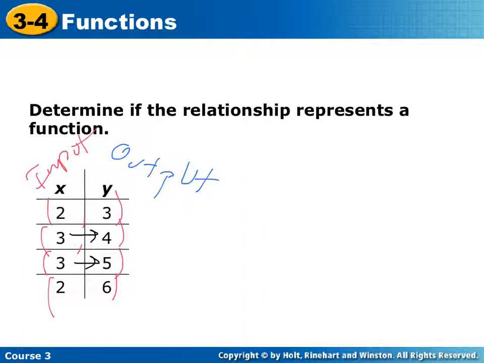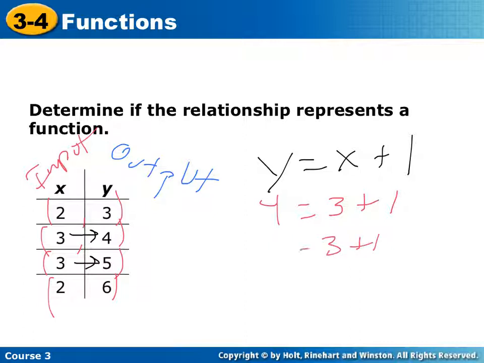For instance, it always deals with an equation. If my equation was y equals x plus 1, if I plug in 3 here and I add 1, my answer is 4. Every time I plug in 3, it will always equal 4. Let's try it. Let's plug in 3 again. 3 plus 1, 4. Try it again. 3 plus 1, still 4.